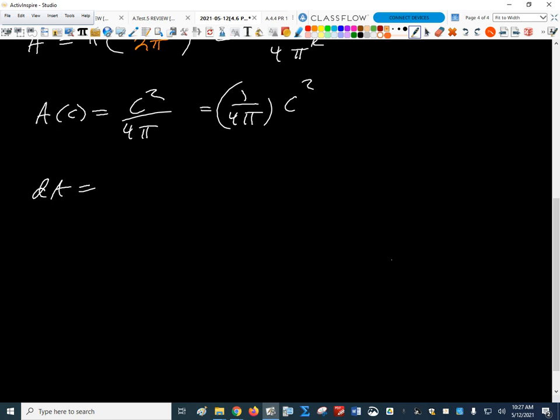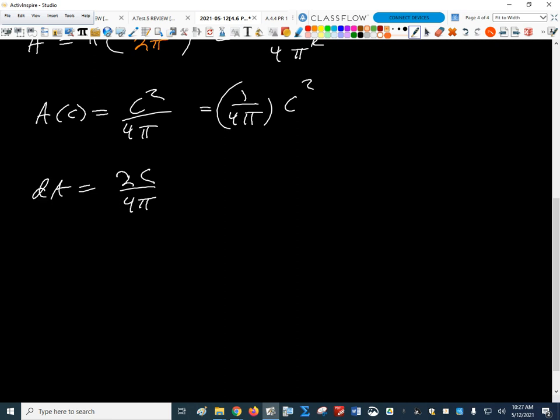What's the last step if I'm writing it in differential form? What's the last step? Anybody? dA equals 2c over 4 pi dc, right?